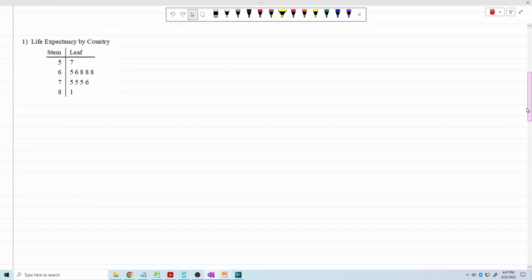So, stem and leaves. Remember that the way we interpret this is that there are numbers in the 50s, in the 60s, in the 70s, in the 80s, and these are the specific numbers in each. So number one, let's list out our numbers. We've got 57, 65, 66, 68, 68, and 68.